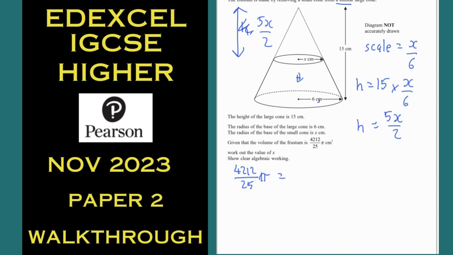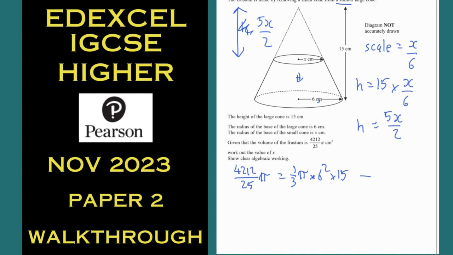The large cone will be 1/3 times pi times its radius squared multiplied by its height, minus the volume of the top cone.